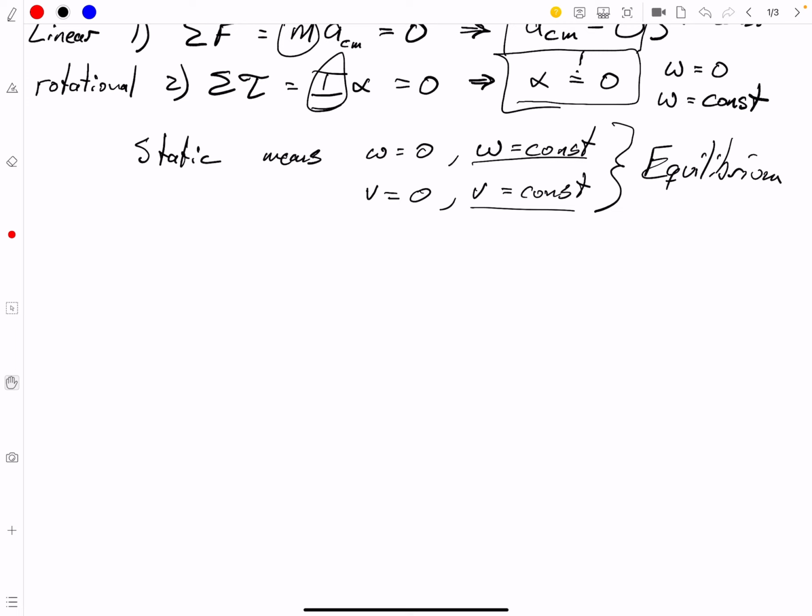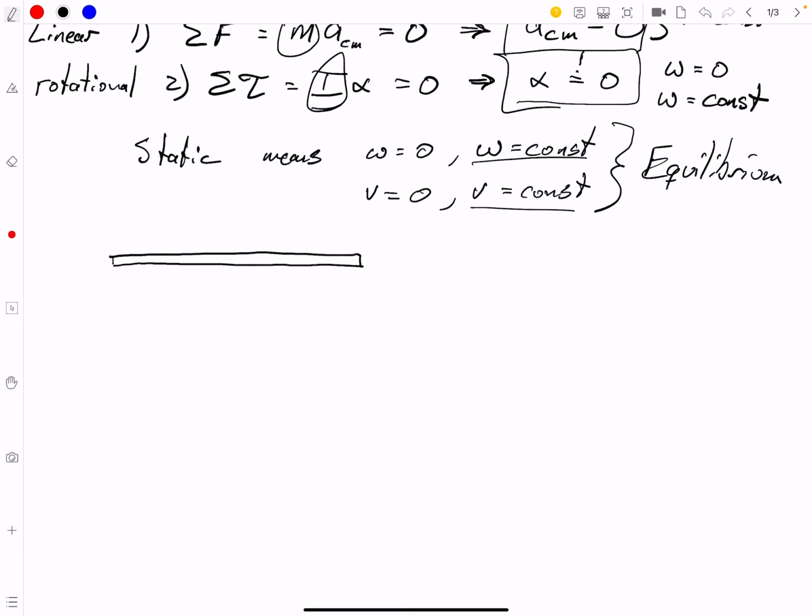Our next thing. I want to talk about something being in equilibrium versus not in equilibrium. The easiest thing to do is to draw another stick.